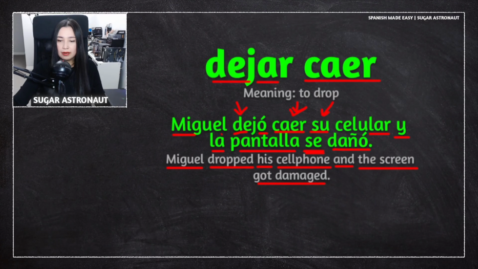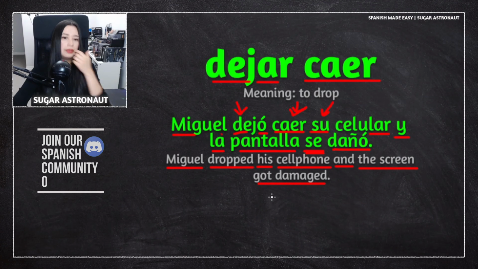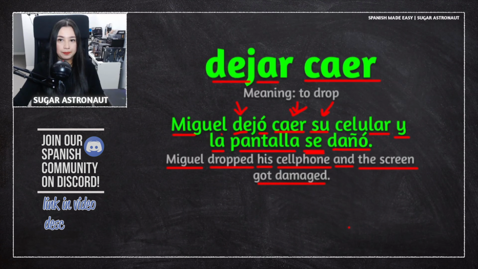We should talk about se in a future lesson for sure. But when talking about a noun and that something happened to it, se is a very common thing to use in Spanish. So just keep that in mind.